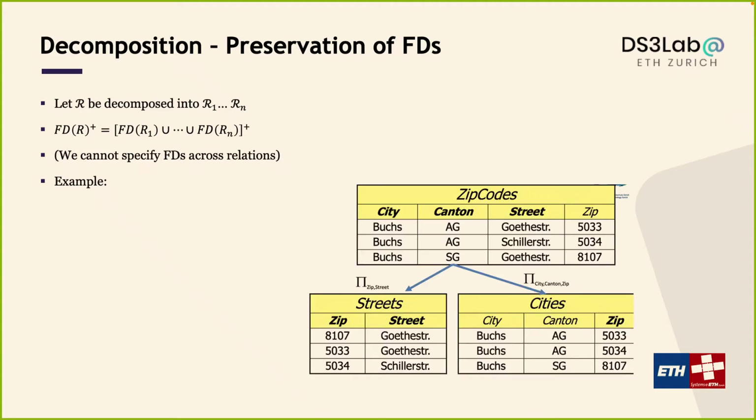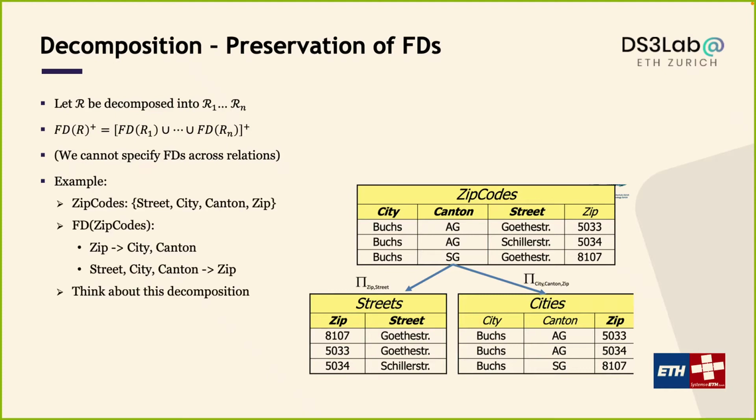Just one example. Assuming you have this big relation containing city, street, and zip code, and you now decompose it into two smaller relations. The first one contains zip code and street. The second one contains city, street, and zip code. First, whether this decomposition is lossless or not. Clearly it's lossless.